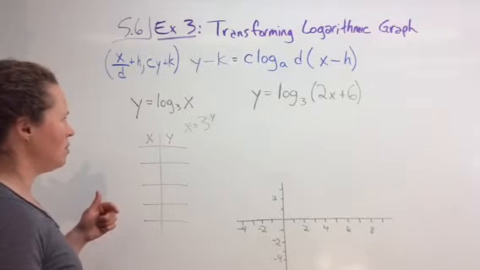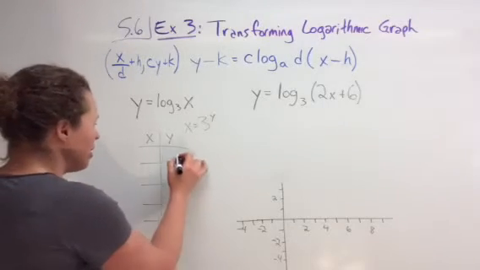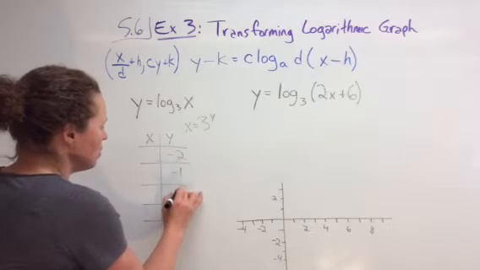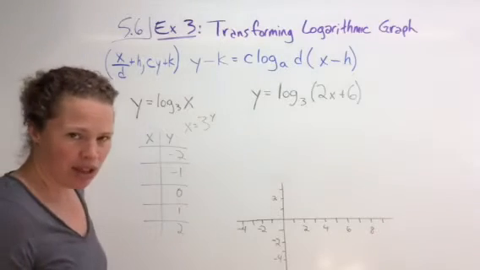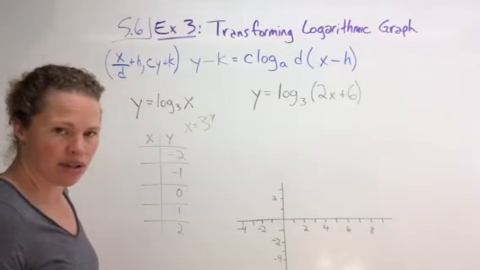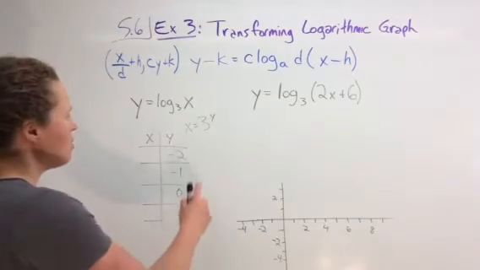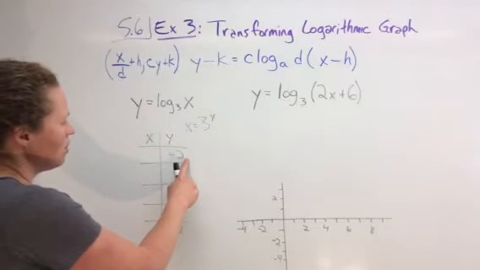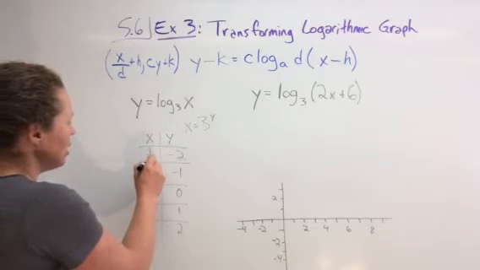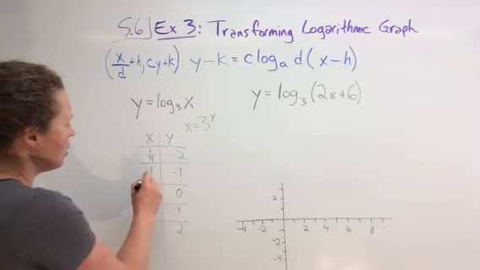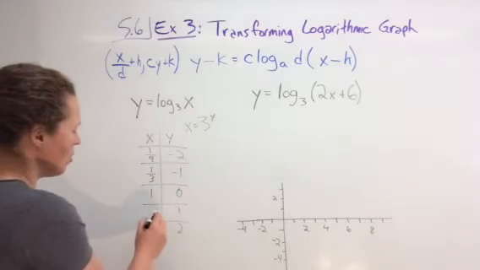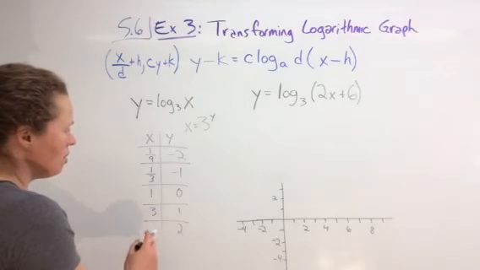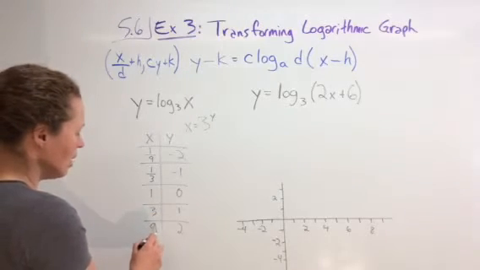I'm going to have to do some weird stuff here, but I could do -2, -1, 0, 1, and 2 here, and then just plug in, because I'm not using my calculator. I don't care whether I use y or x as long as I'm doing the math. So I can go 3 to the power of -2 is 1 over 9. 3 to the power of -1 is 1 over 3. 3 to the power of 0 is 1. 3 to the power of 1 is 3. And 3 to the power of 2 is 9.